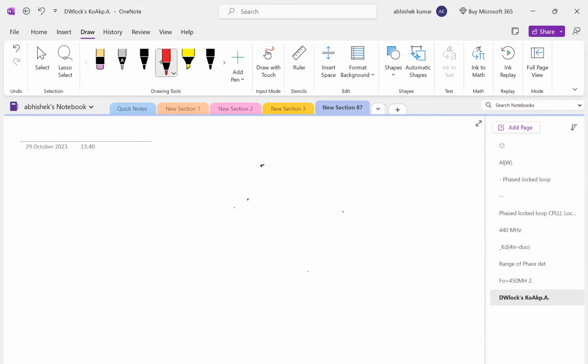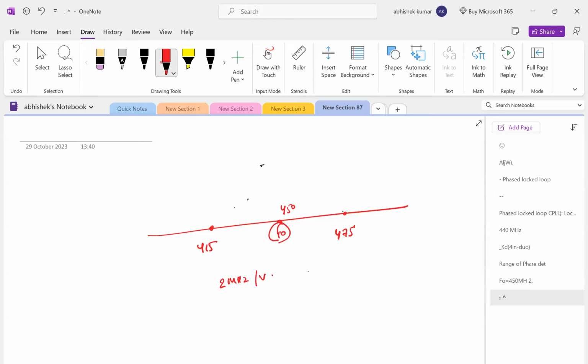Try it in this way to make you understand. Frequency sensitivity is given, that is K naught, 2 megahertz per volt.